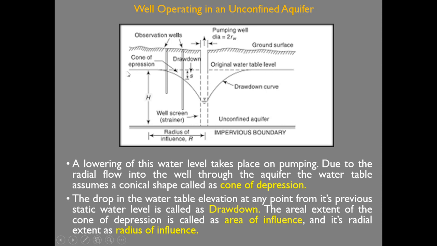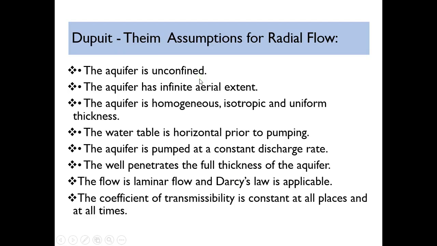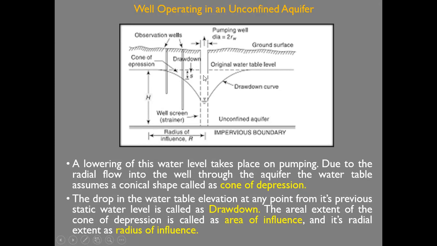In fact, from the aquifer or from the strata, there will be horizontal flow. But as the water table in the well goes on decreasing due to pumping, it will take this type of curved, conical shape, and this is called the cone of depression.